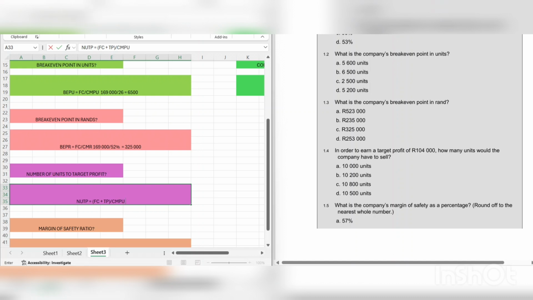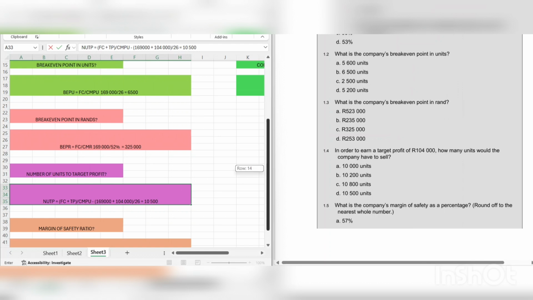So simple, just put it in: 169,000 plus target profit of 104,000 divided by 26, and that should give us 10,500.